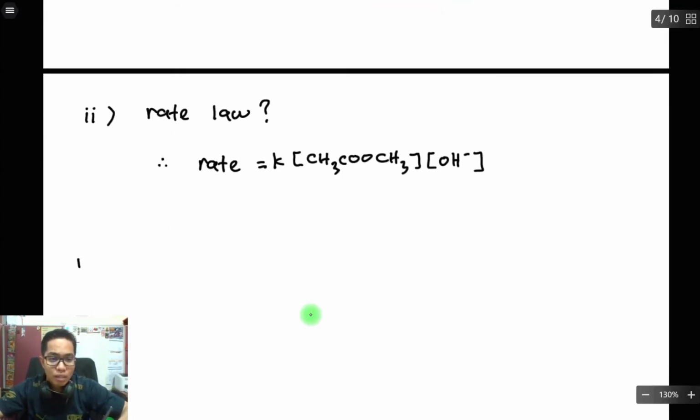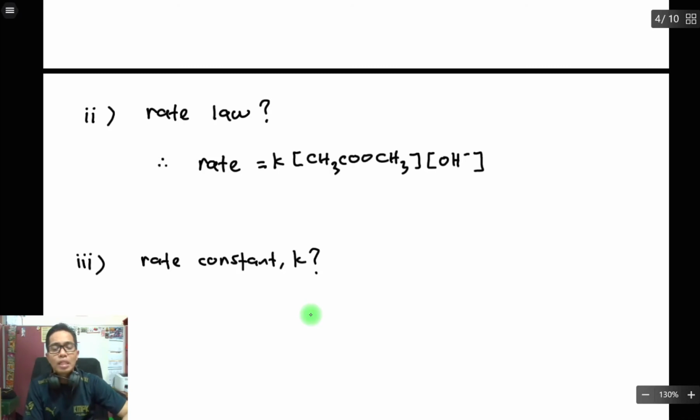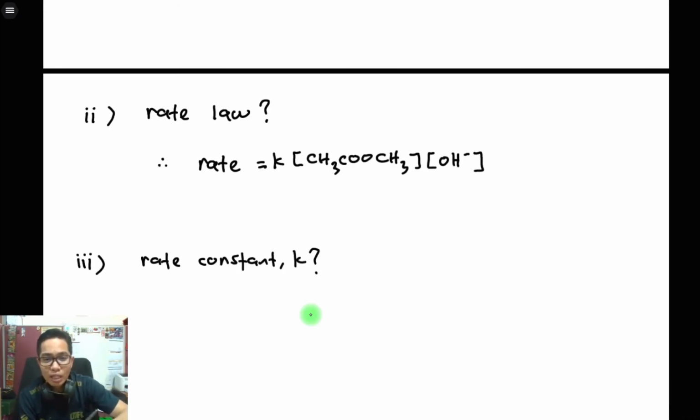Next, question number 3. Number 3, calculate the rate constant. So rate constant K. So to find the value of K, based on the rate law. Gunakan rate law yang tadi tu. Okay. So you can choose any values from any experiment. Just make sure if you choose experiment 1, then you take all the values from experiment 1. Okay.